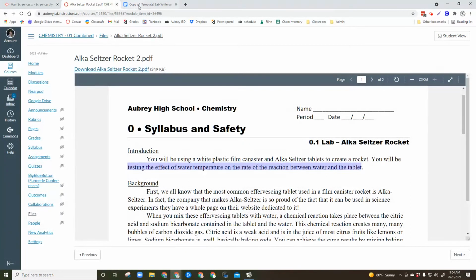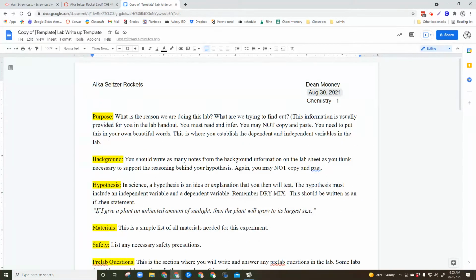Okay, so I'm going to go back to my handout here. Actually, I want to rename this. Oh, this is already copied. So let me rename this Alka-Seltzer Rocket, so it doesn't save over anything.